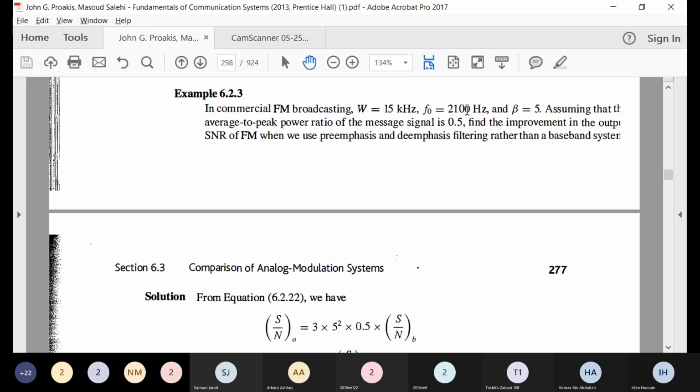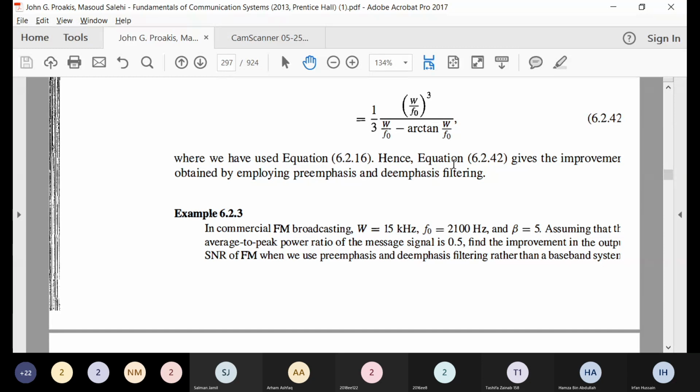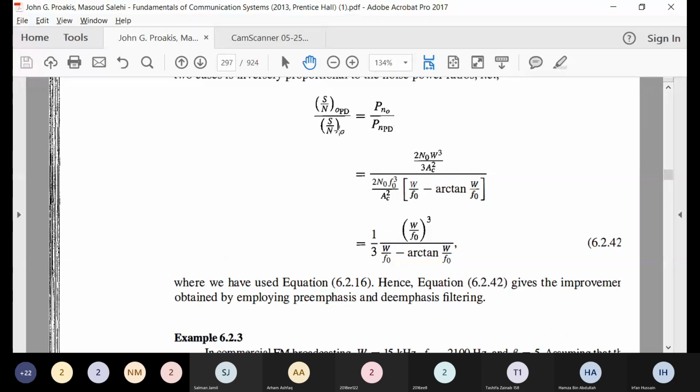We are given f0, we are given W, we are given beta. You want to see the improvement in the output SNR when we use pre-emphasis and de-emphasis. The improvement is given as follows. This equation relates SNR with de-emphasis over SNR without. So first we find this ratio, we can find this thing.